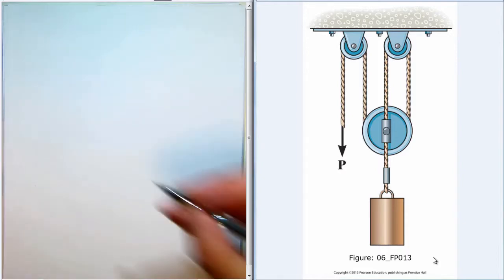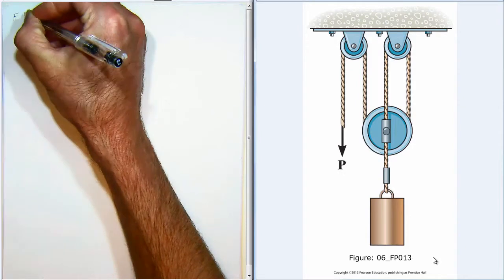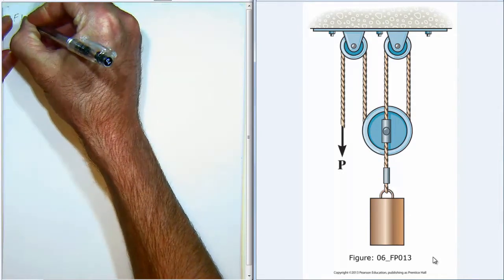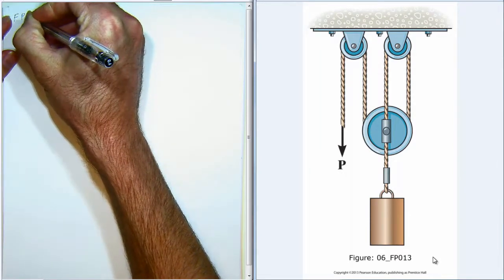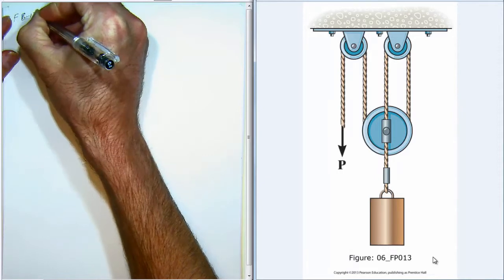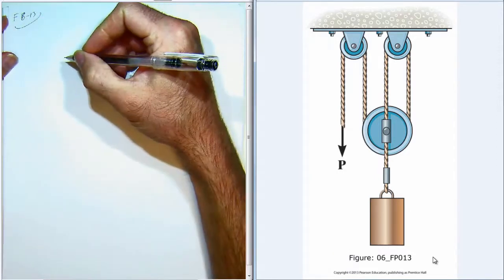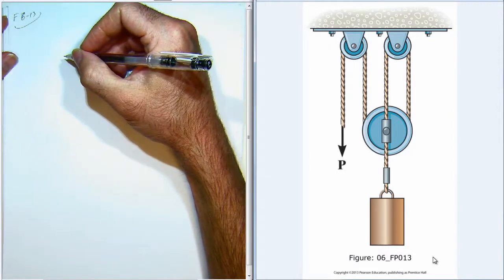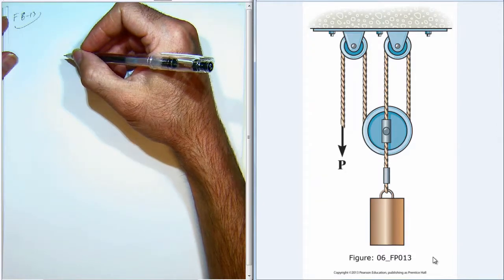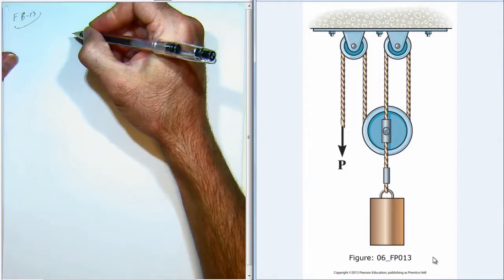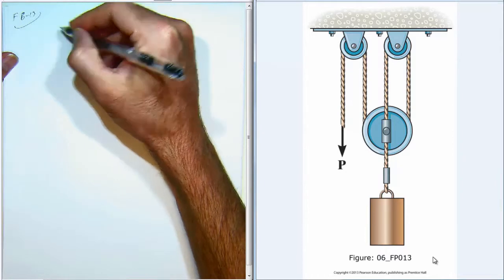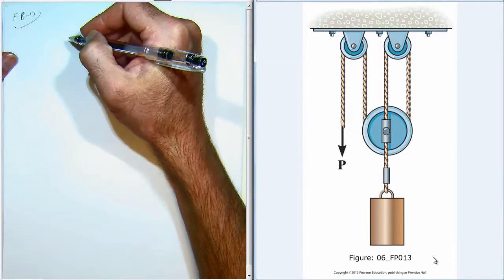Well, this is really a simple problem, because we're assuming that these are frictionless pulleys. So the tension everywhere in the rope is P.